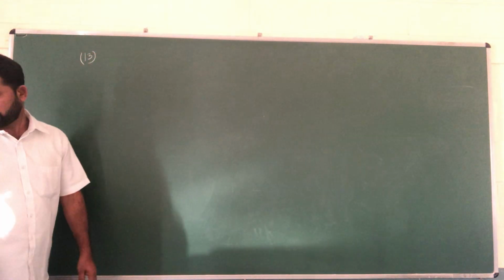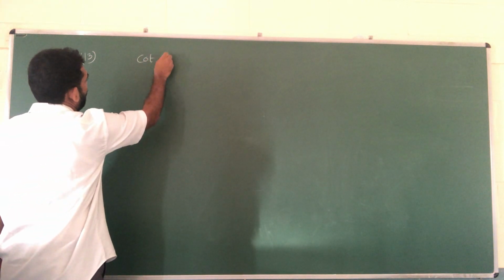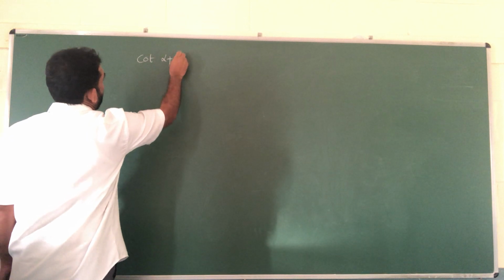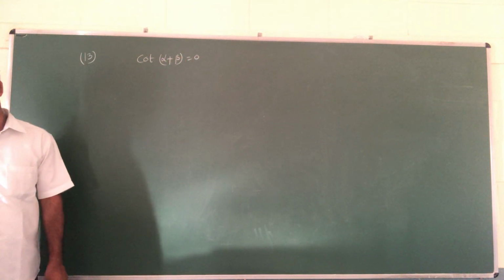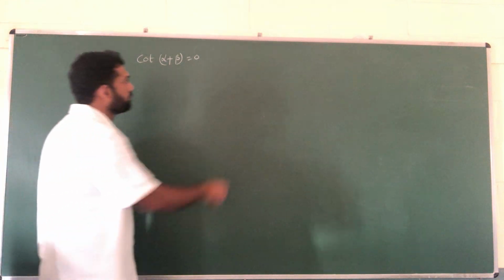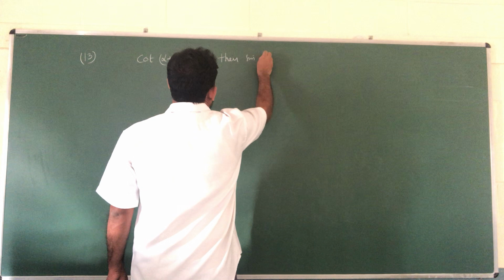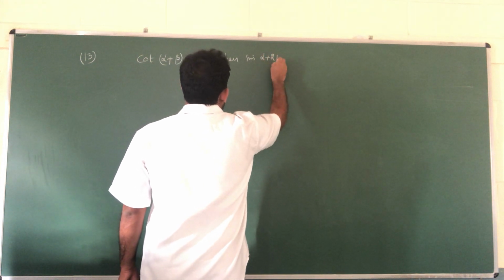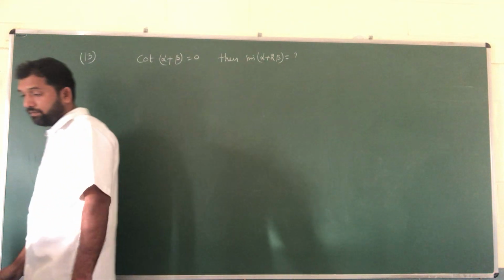13th one, what is given? Cot of alpha plus beta is equal to 0. Then sin of alpha plus 2 beta is equal to what?